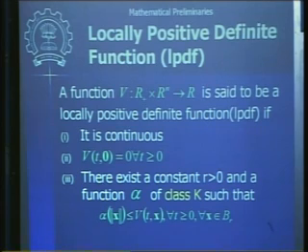It is said to be a locally positive definite function if it is continuous, and v of t comma 0, that is, when x is equal to 0, you will get 0, no matter what the value of t is. That is important. And there exists a positive constant r and a function alpha of class k, and we will come to the definition of a class k function very soon, such that v is always greater than or equal to alpha of norm of x.